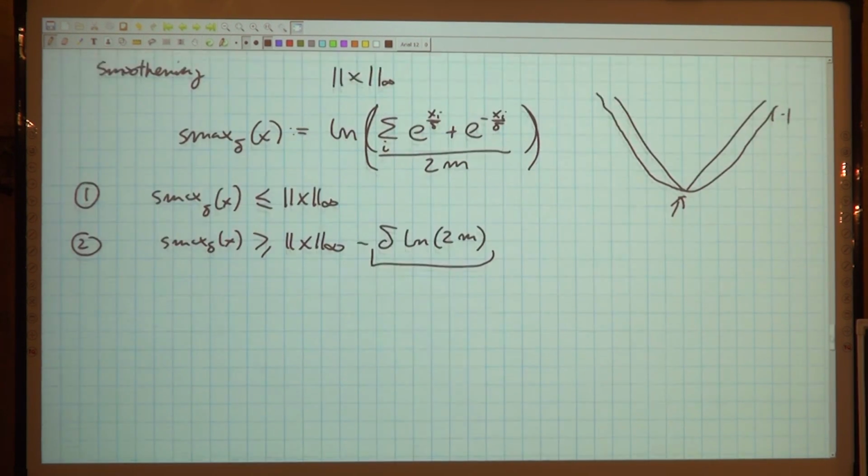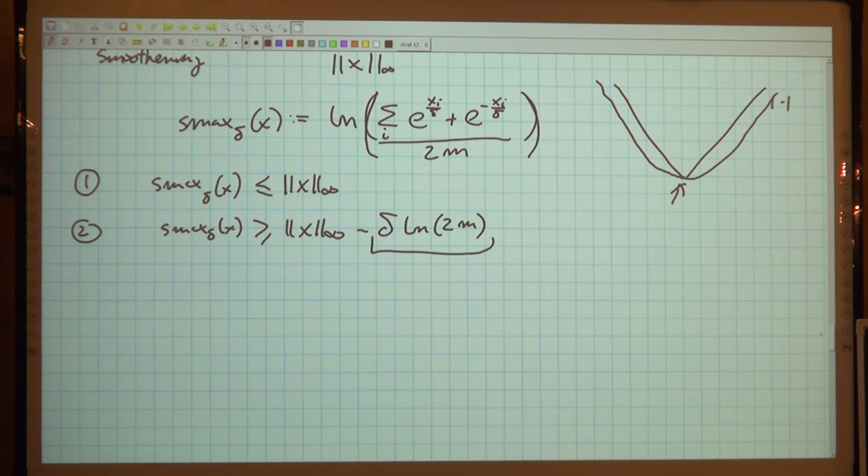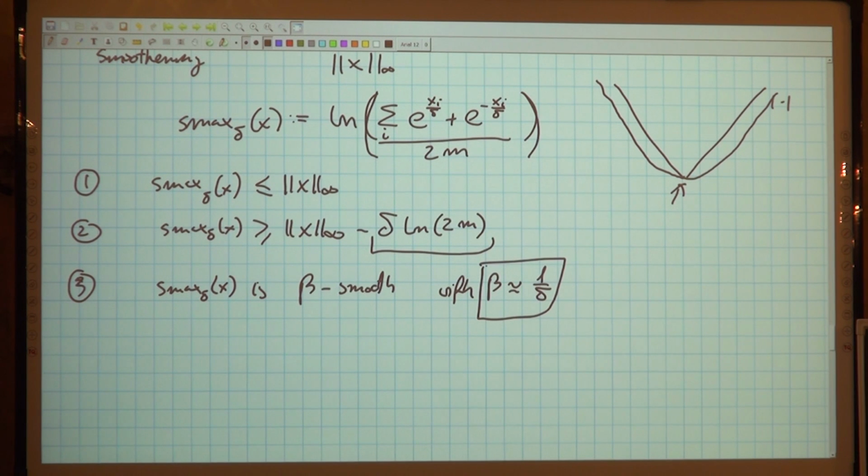So you expect this function to be smooth, and you indeed can show that smax of delta is beta smooth, with beta being roughly 1 over delta. So we have this very nice trade-off here: on one hand we want delta to be as small as possible because that's the quality of our approximation.